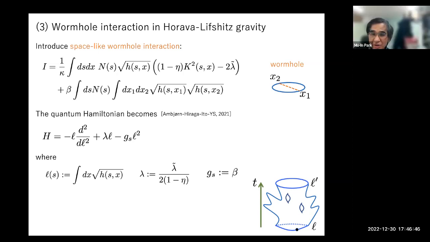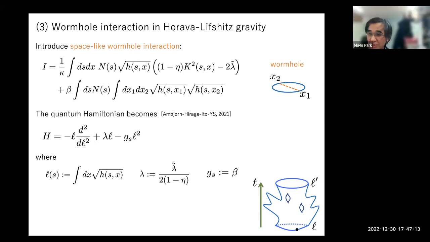And in your CDT setup, I think you only consider the cosmological constant term without this kind of term, right? But Horava-Lifshitz should have this term, so you might miss one term in the CDT.